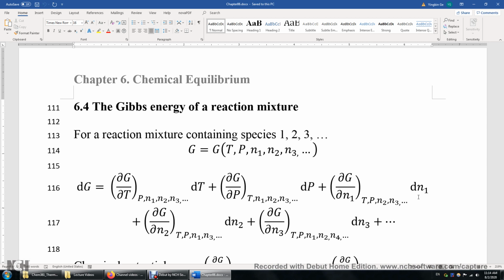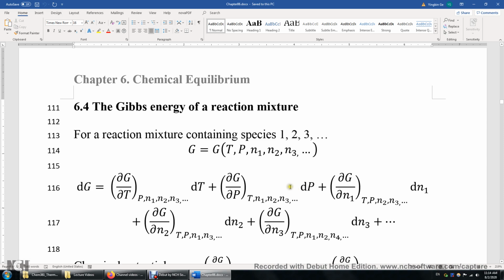Therefore, G is a function of T, P, N1, N2, N3, etc. Therefore, dG depends on dT, dP, and then dN1, dN2, dN3.